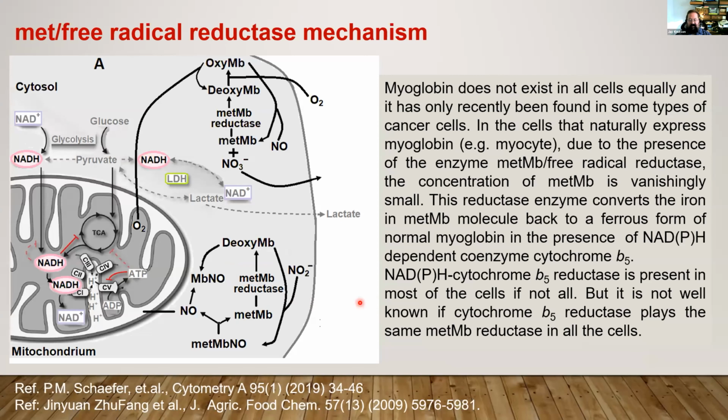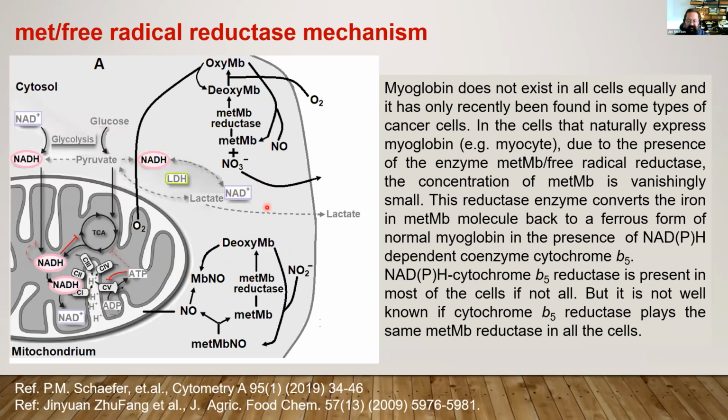Again, I'm a physicist, not a biologist. I leave it to those who are really good at this to discuss the way that myoglobin is regulated within cells. Again, I'll put this into the slides, but there are a lot of ways that MET is consumed and generated.